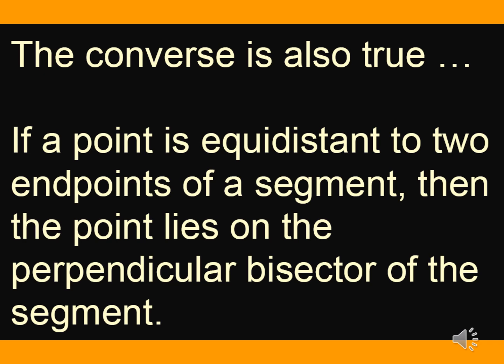So here it's just saying that if you turn things around and you do the converse, you also get a rule that works out. If a point is equidistant to two endpoints of a segment, then the point lies on the perpendicular bisector of that segment. I'll pause for just a minute in case people do want to jot that down.